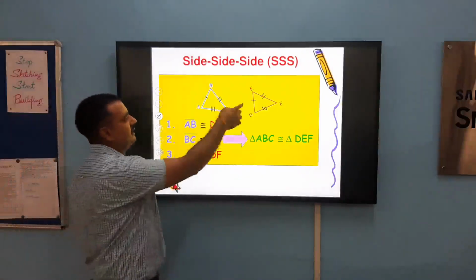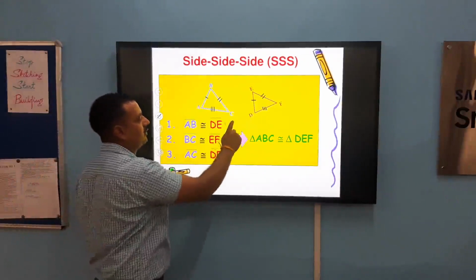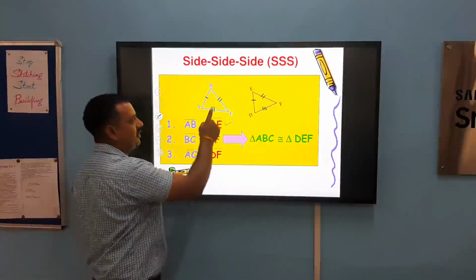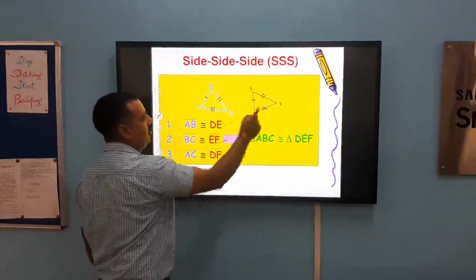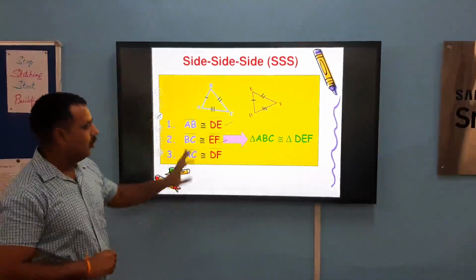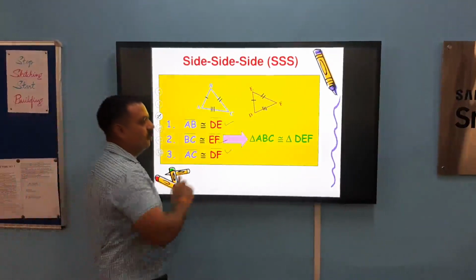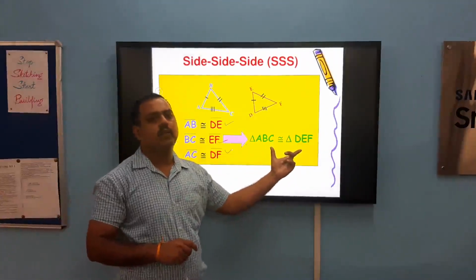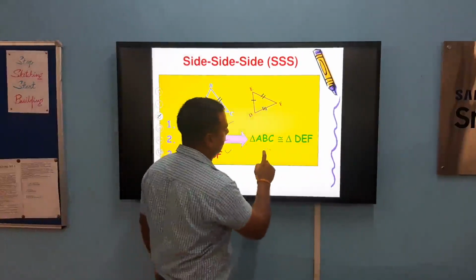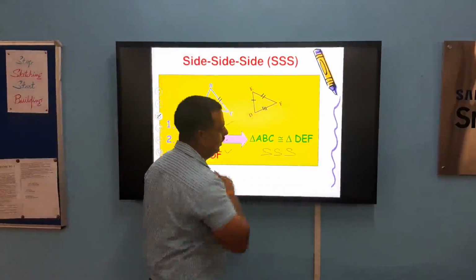For example, in these triangles, side AB is equal to side DE, side BC is equal to side EF, side AC is equal to side DF. All the pairs of three sides are equal to one another, so these triangles are said to be congruent to one another using the criterion side, side, side.